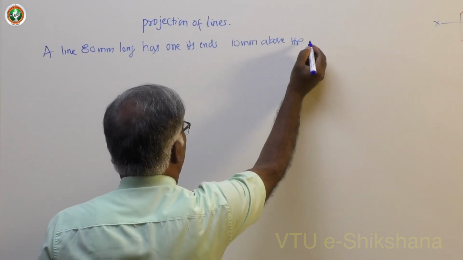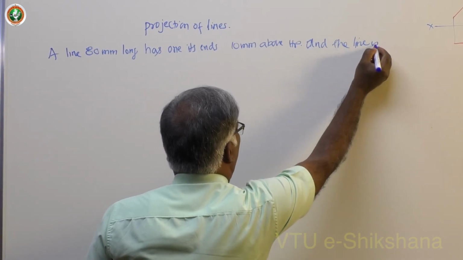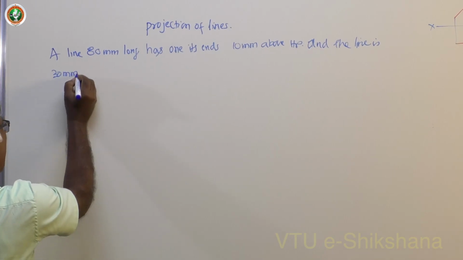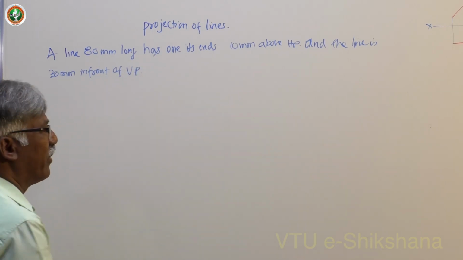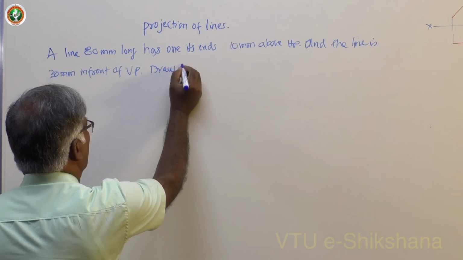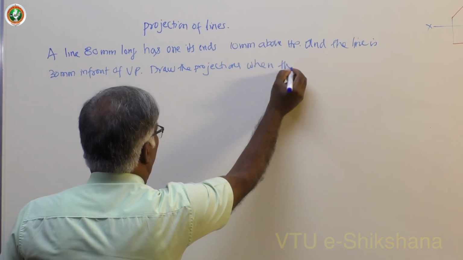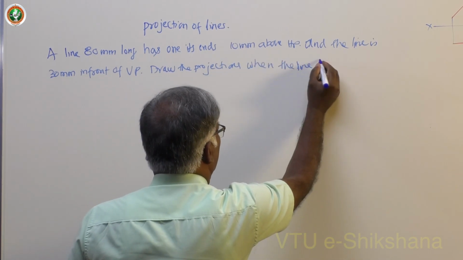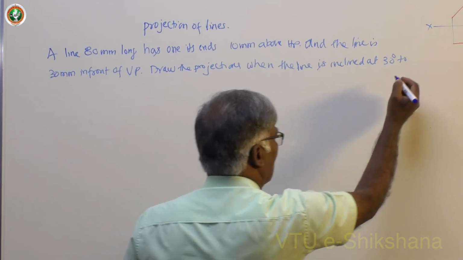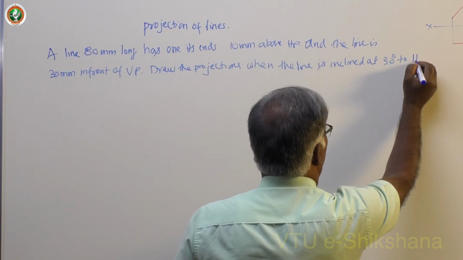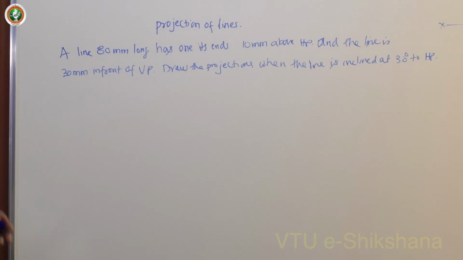And the line is 30 mm in front of VP. Draw the projections when the line is inclined at 30 degree to HP. Okay. Now this is the problem we have.